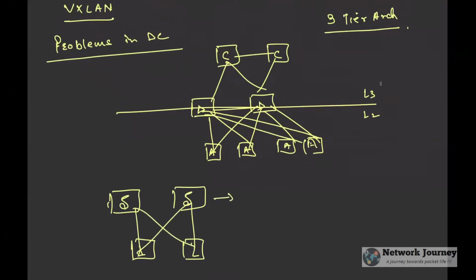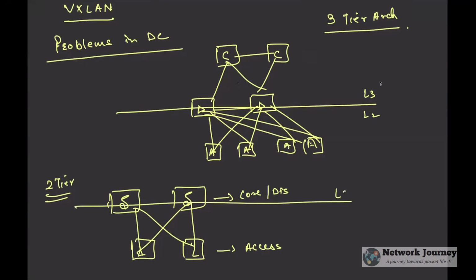Spine, if you compare it with your three-tier, is like your core layer and distribution combined, and leaf is your access layer. Again, it depends on where you want to demarcate. Either you can demarcate it here, or you can demarcate it on the access layer.